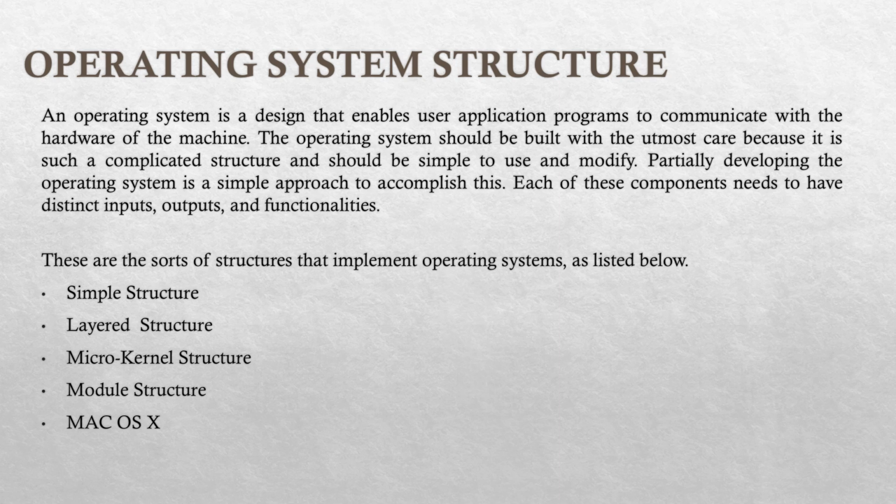Partially developing the operating system is a simple approach to accomplish this. There are several types of structure that implement an operating system. The first one is simple structure, next is layer structure, third is microkernel structure, next is module structure, and the last one is Mac OS X.